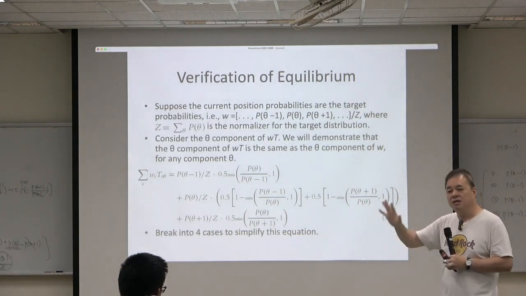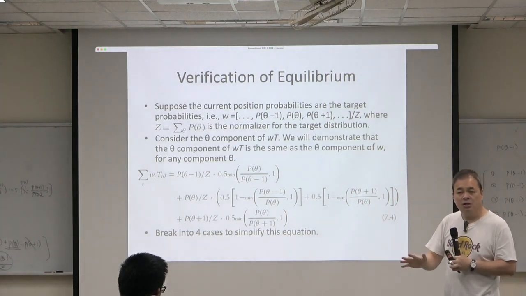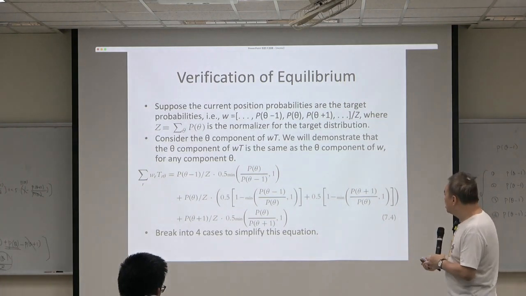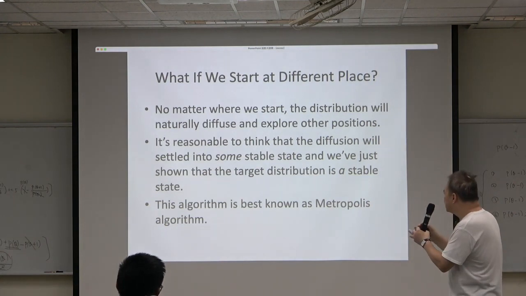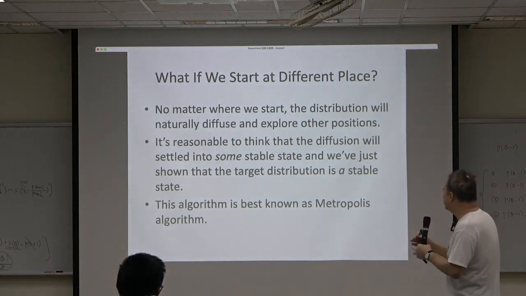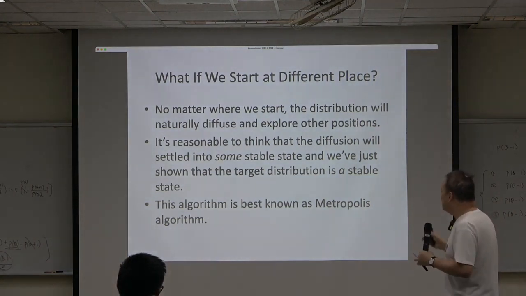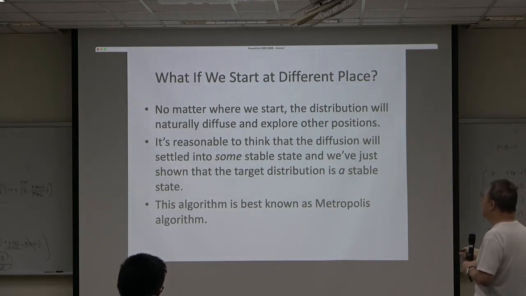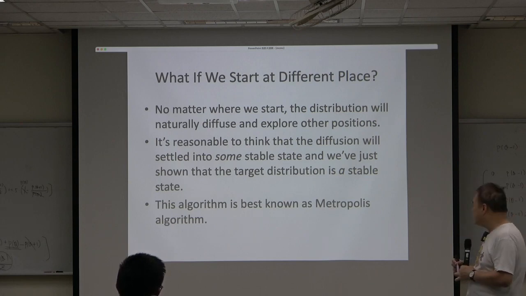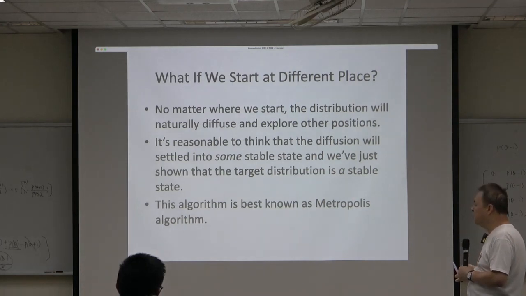So it's stabilized, meaning no matter where we start, the distribution will diffuse and explore other locations, but there will be some stable state, and we have shown that the target distribution is a stable state, right?